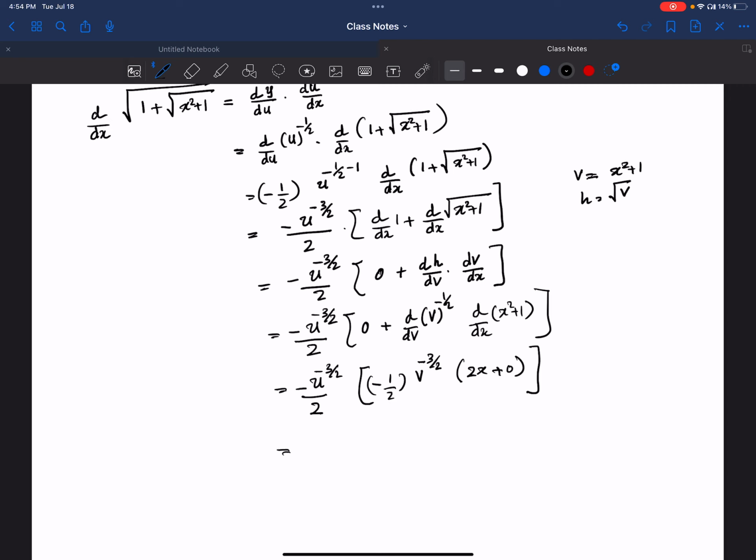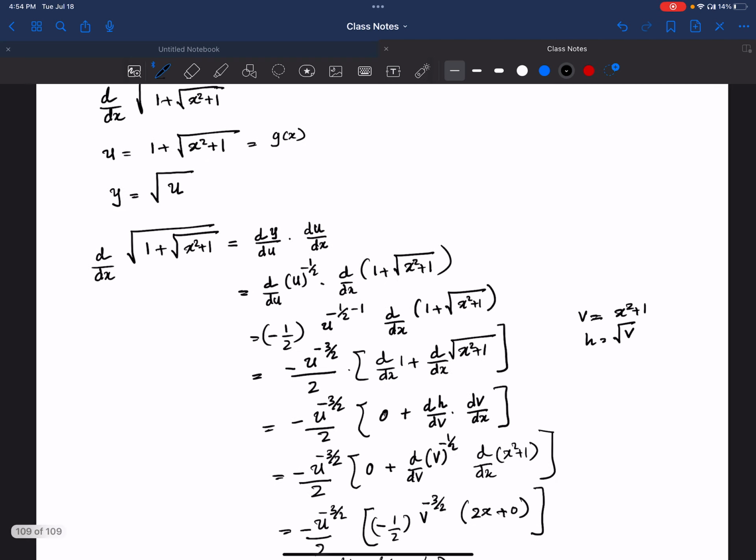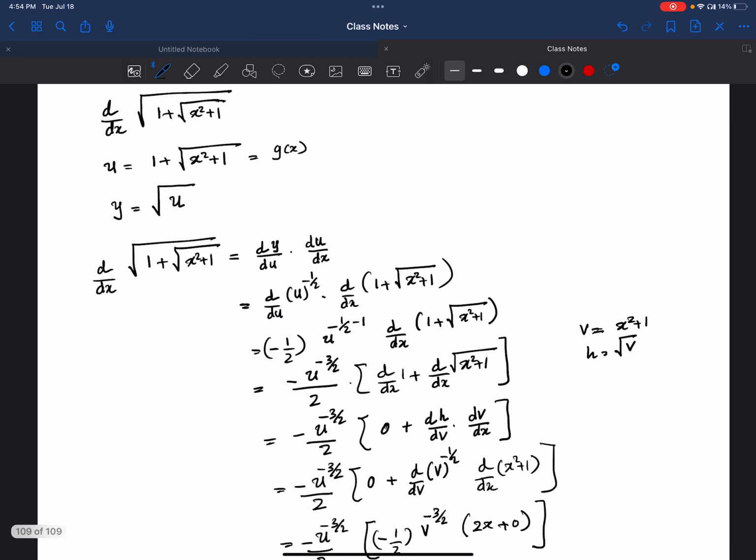And you have this negative half and negative half is 1/4, and u to the power negative 2/3, and then we have v to the power negative 2/3 times 2x. That cancels with that. And you have 2. U is 1 plus the square root of x squared plus 1.